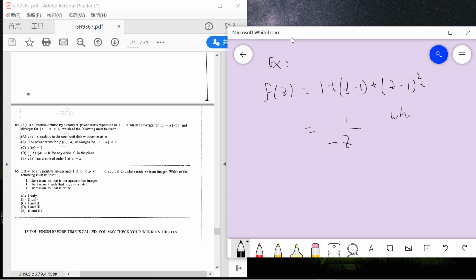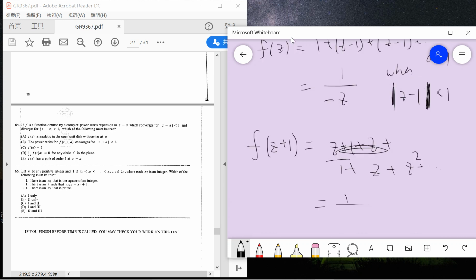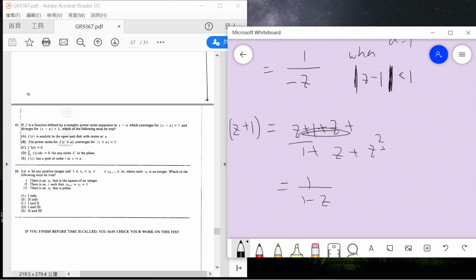So when z minus 1 is 1, now a is 1. So now he wants to ask about z plus 1, so this is z plus 1 plus z, this is 1 plus z squared, and then this is the famous 1 over 1 minus z. So the condition becomes the absolute value of z smaller than 1.